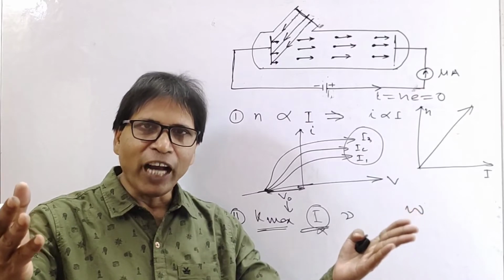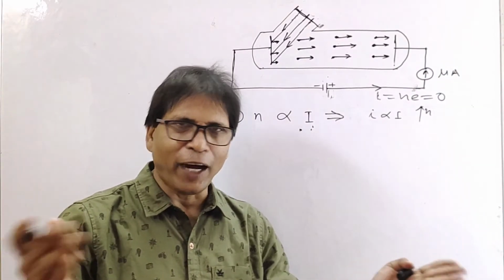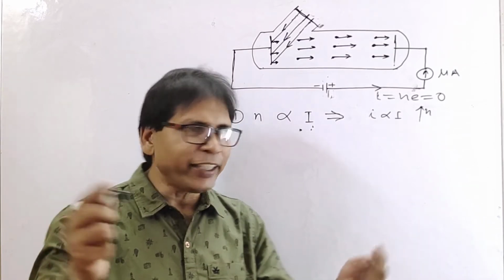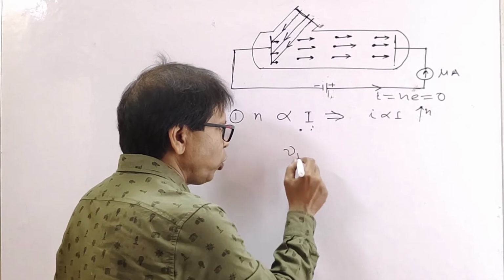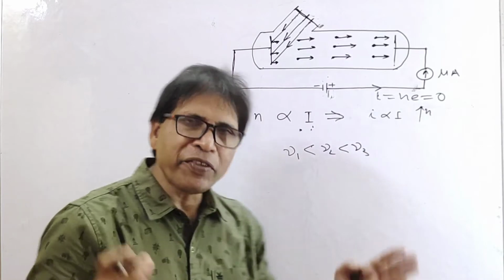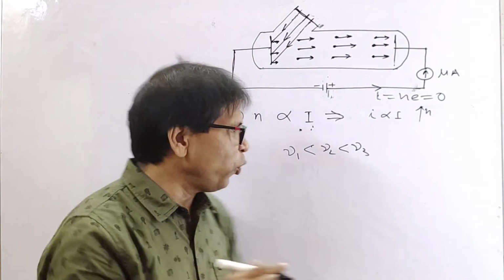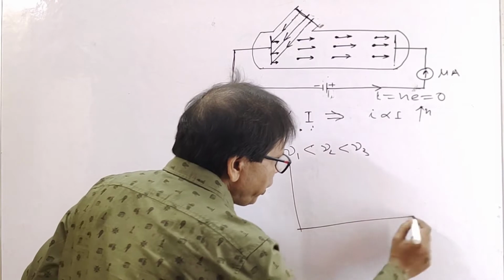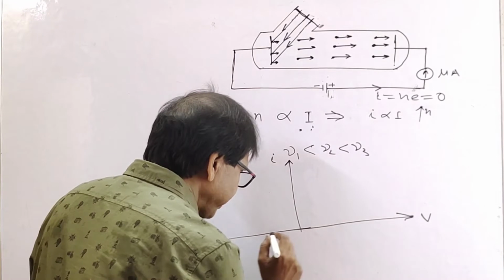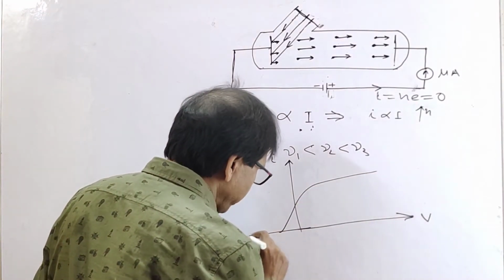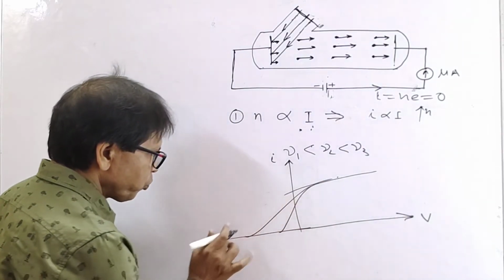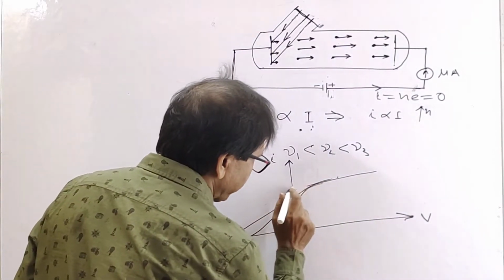Okay, now a graph. Now look at this graph. We take three radiations of frequency nu1, nu2 and nu3 with the same intensity of radiation. Look at this, if a graph is plotted with V along the x-axis and I along the y-axis, the photoelectric current in each case becomes the same.